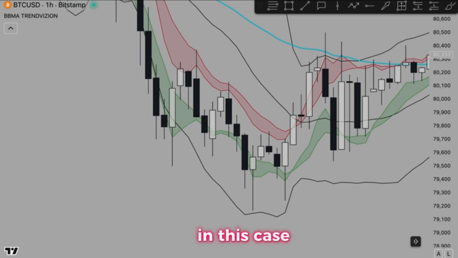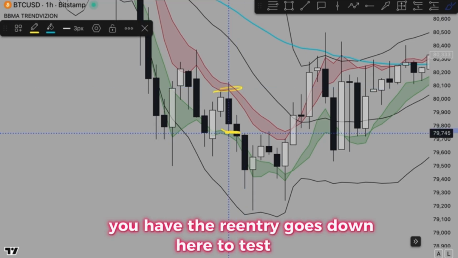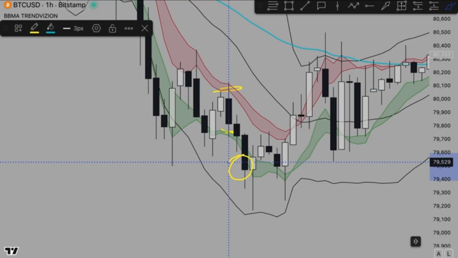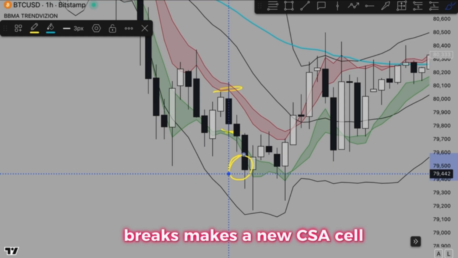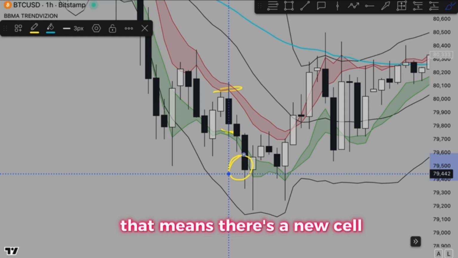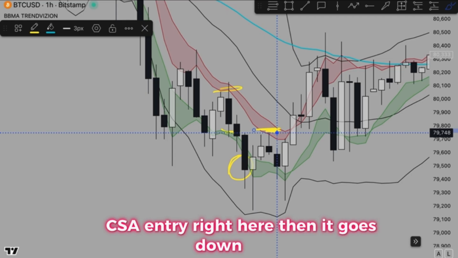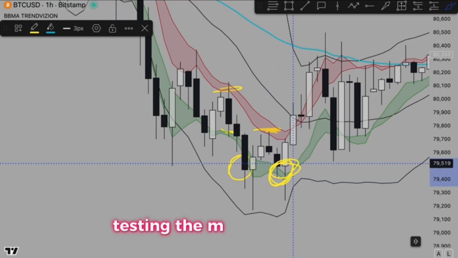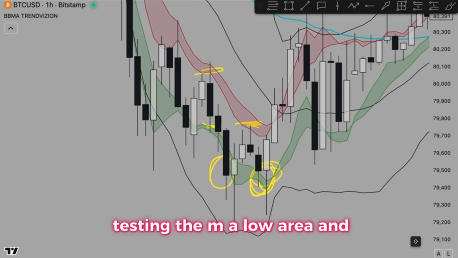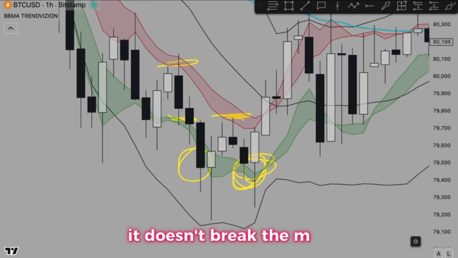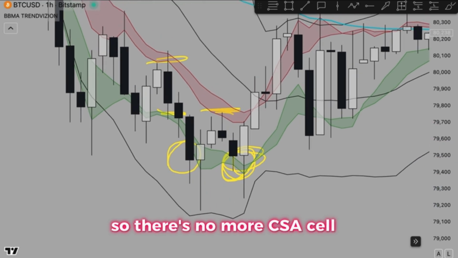So in this case, you have the re-entry goes down here to test MA low, breaks, makes a new CSA sell. So that means there's a new sell setup, right? CSA re-entry right here. Then it goes down again, testing the MA low area, and in this case here it doesn't break the MA low, so there's no more CSA sell.